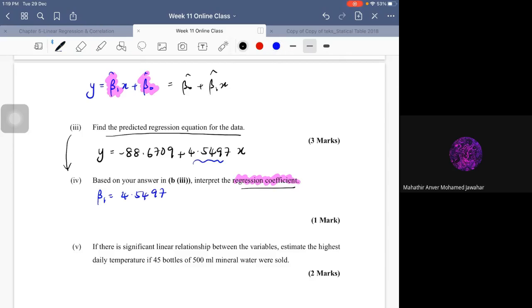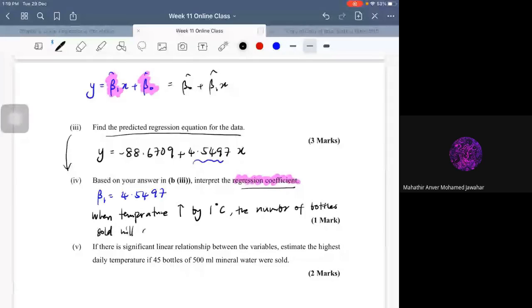So we're going to tell what this number means. When x increased by 1 unit, and what is our x? X for this case is temperature. So when temperature increased by 1 unit, which is 1 degree Celsius for this case, the number of bottles sold will also increase by 4.5497.